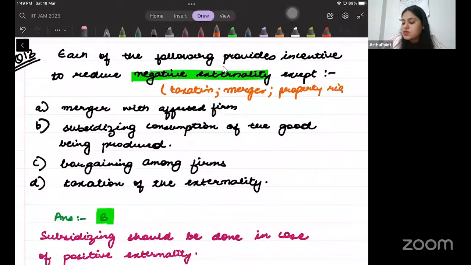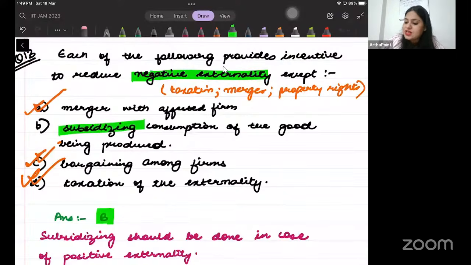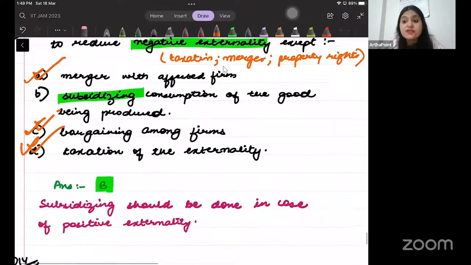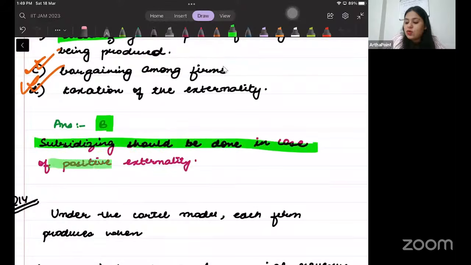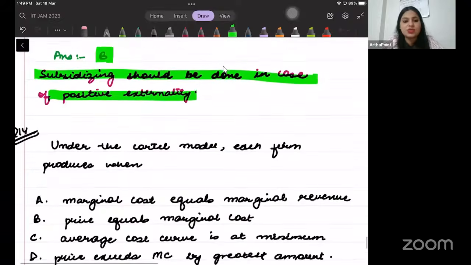We have studied all of this now. These are all the ways to deal with negative externality. So merger can help us, bargaining can help us, taxation can help us, but not subsidies. Subsidy is only for positive externality. So subsidizing should be done only for positive externality.